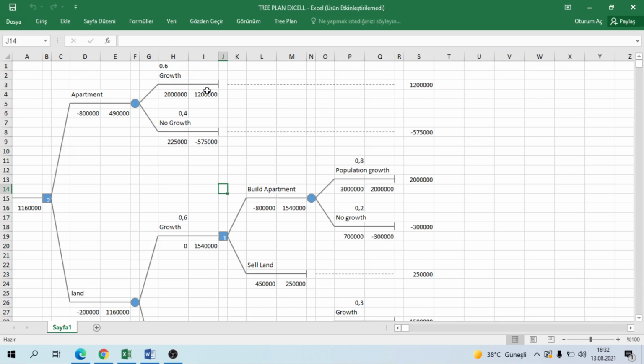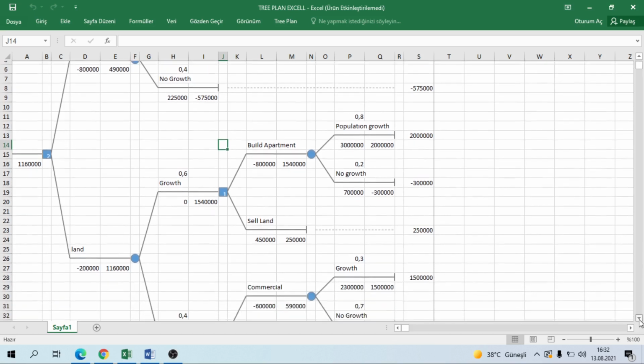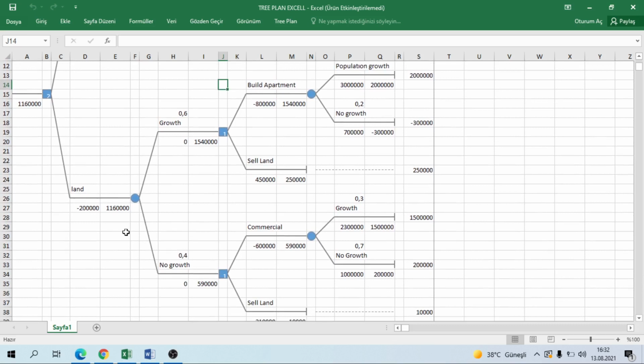After that, another option is the purchase of the land. In the case of purchasing land, it is here, as you can see. There is a probability condition of 0.6, which is a good option, but another option is 0.4, which is the bad option, the worst case, as I mentioned.